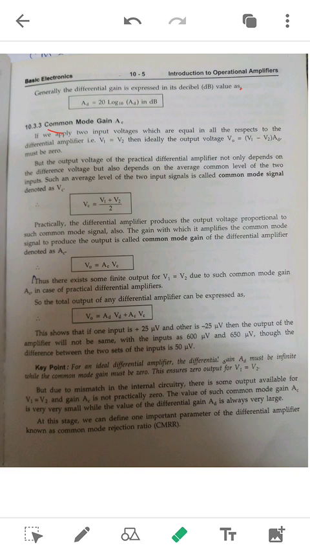So in the ideal condition, there are two conditions we have to always consider. What is the common mode gain? That is denoted as AC.